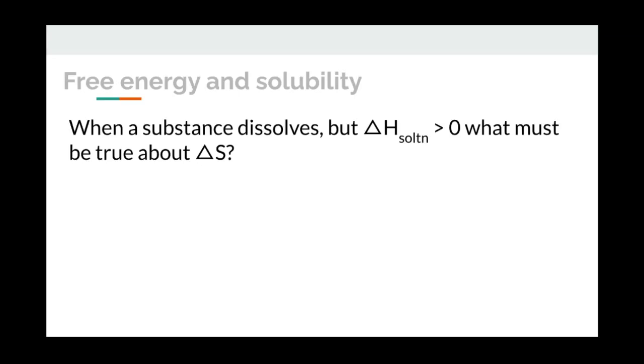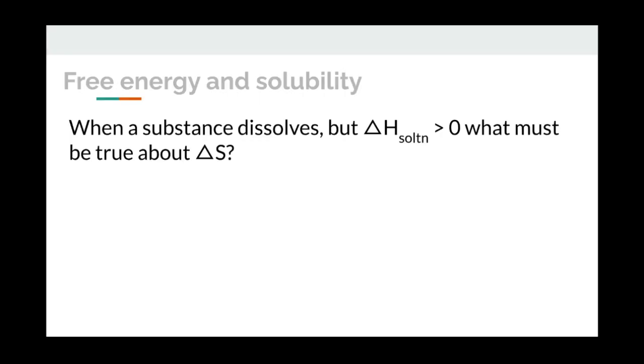One last thing. Let's think about free energy and solubility of substances that dissolve partially in water or some other solvent. When a substance dissolves, but delta H is positive, so that means this is an endothermic reaction. It would feel cool to the touch. Energy is being absorbed by the system as the dissolving takes place.